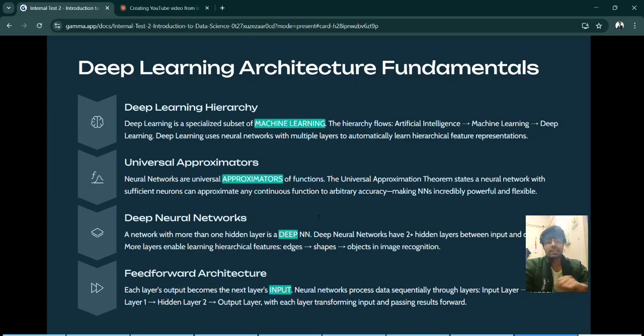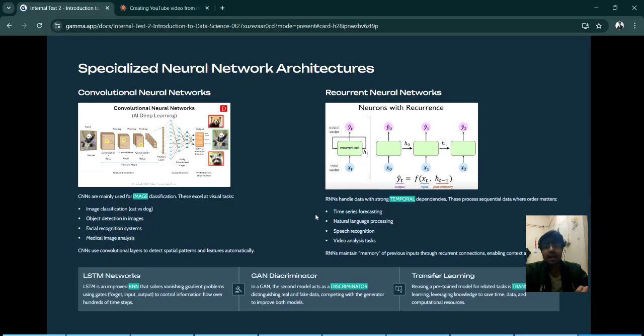So question number 30. CNNs are mainly used for blank classification. So the answer is image or visual or computer vision. Convolutional neural networks revolutionized computer vision. They excel at image tasks. Classifying images: is this a cat or a dog?